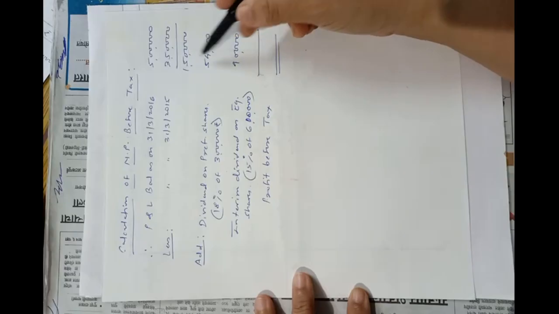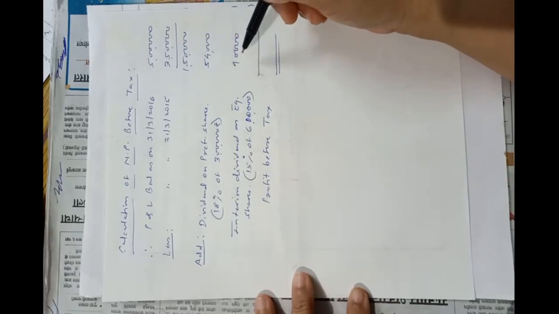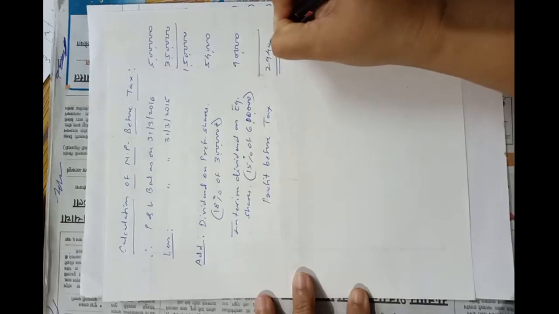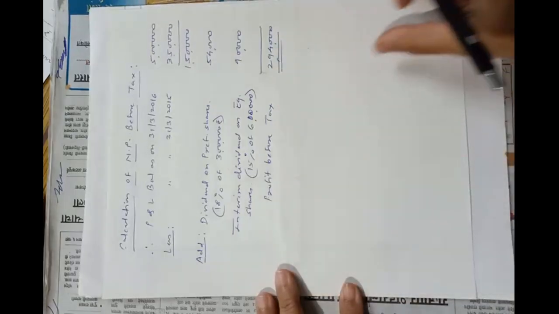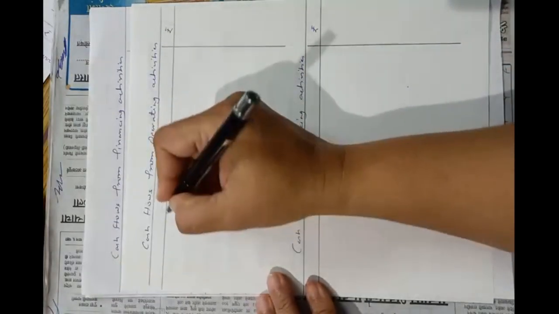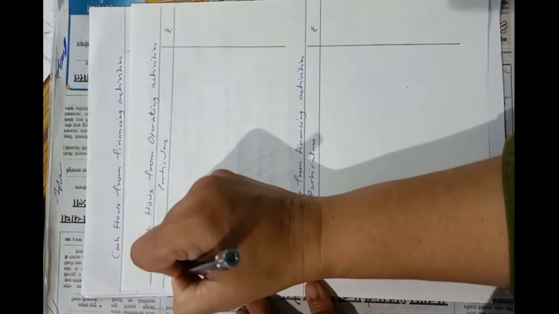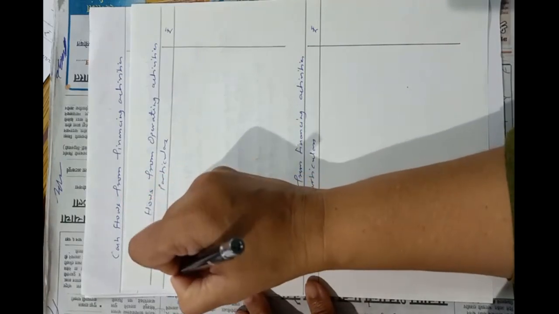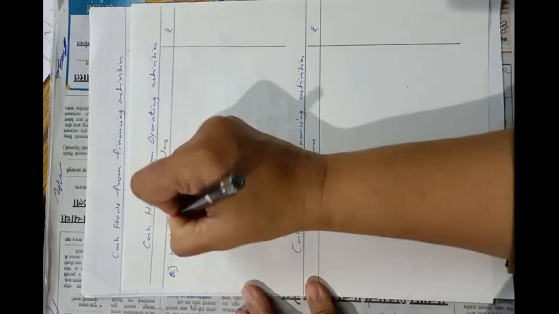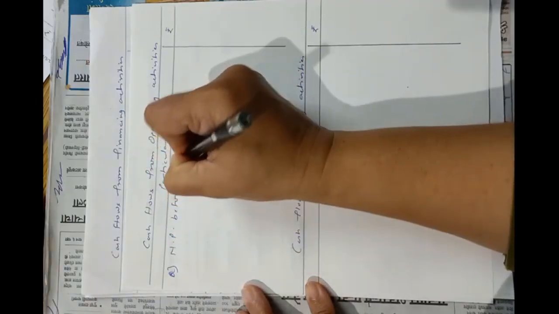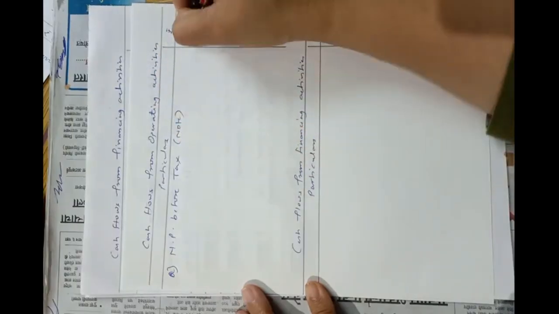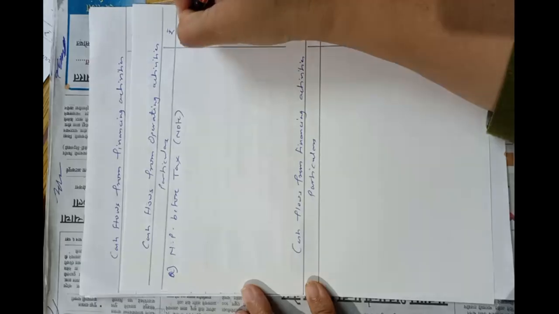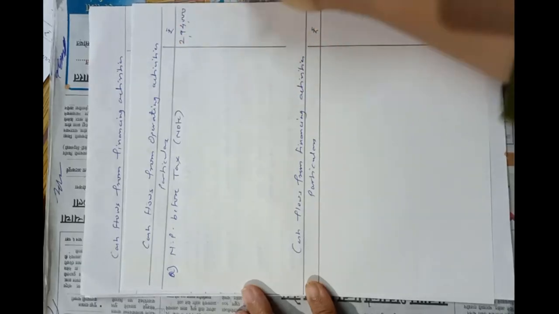So let's add it. So it is 2,94,000. So net profit before tax that we got is 2,94,000. So let's first write our A point, net profit before tax as per our note. So it is 2,94,000 as per our calculation.